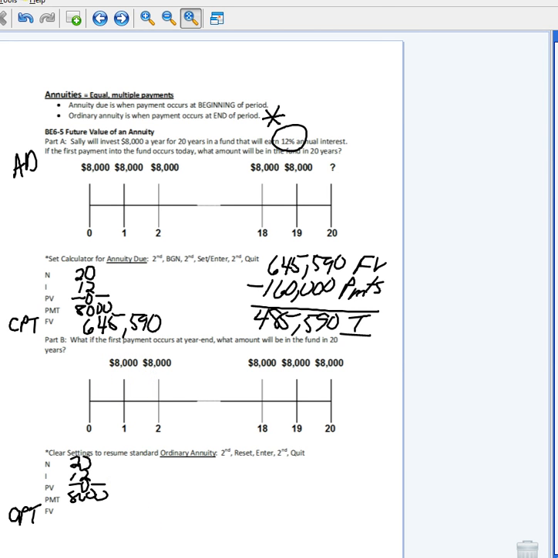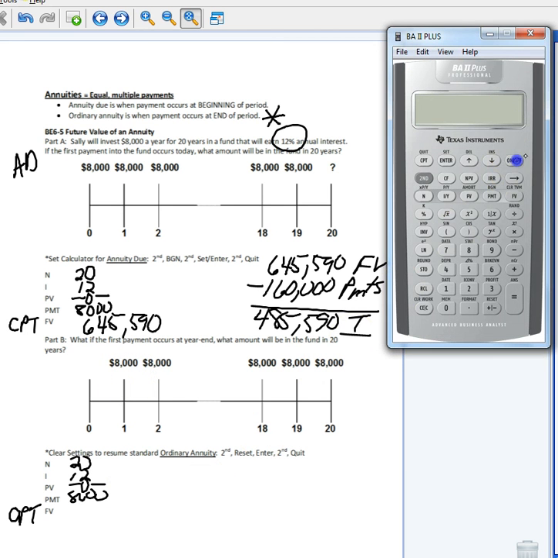Some of you may already have been anticipating what difference that's going to make.